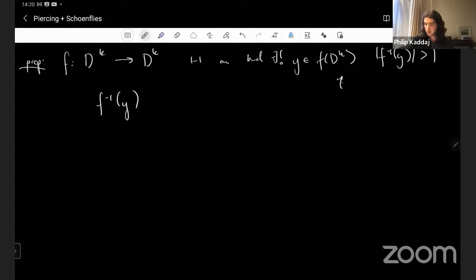And there's a unique point y such that the pre-image is bigger than 1. Then the claim is, so this is called an inverse set. So Y satisfying this property is called an inverse set. The claim is that this is cellular.